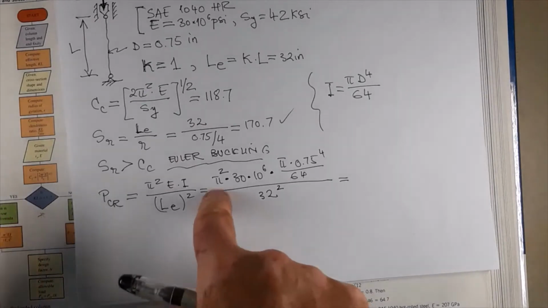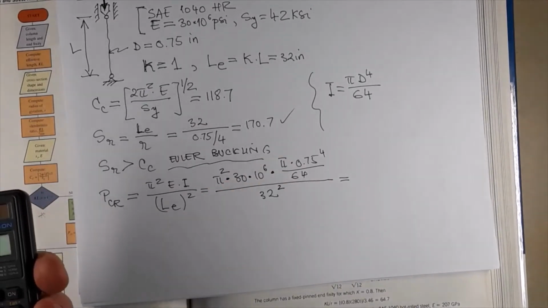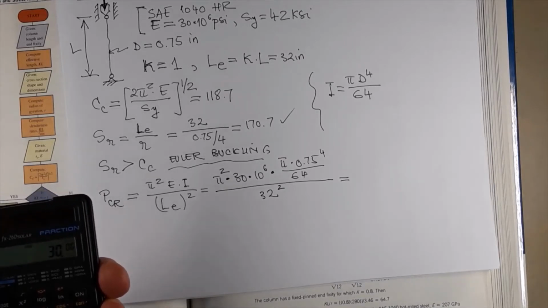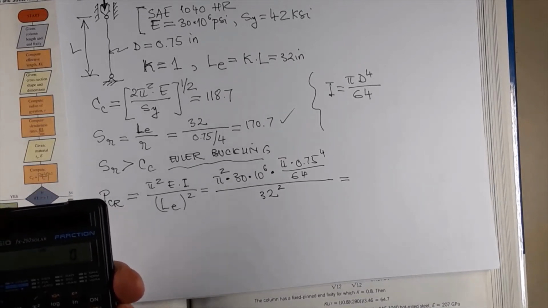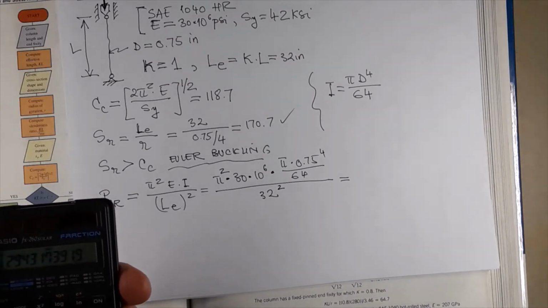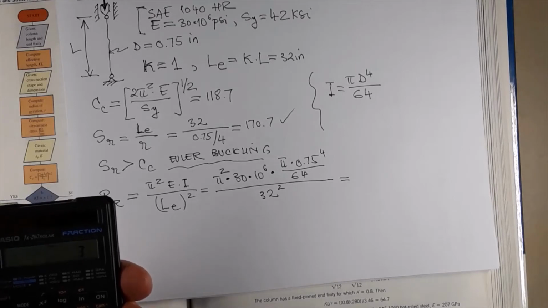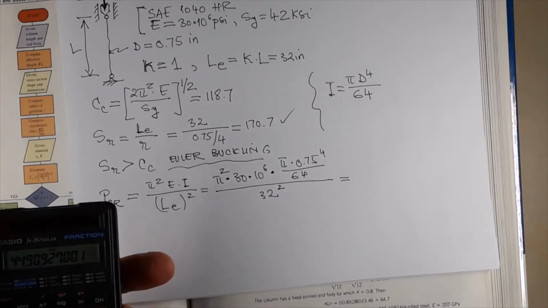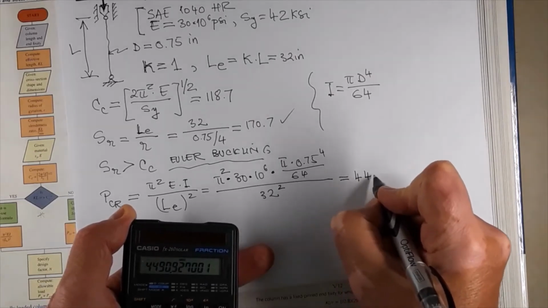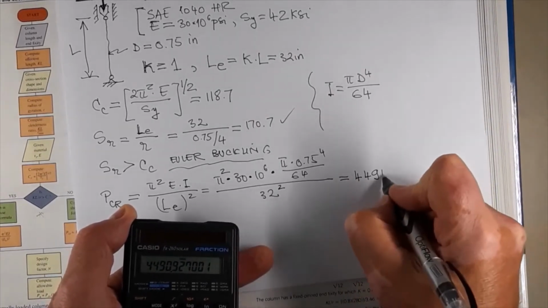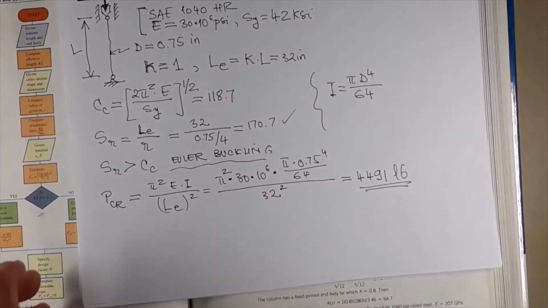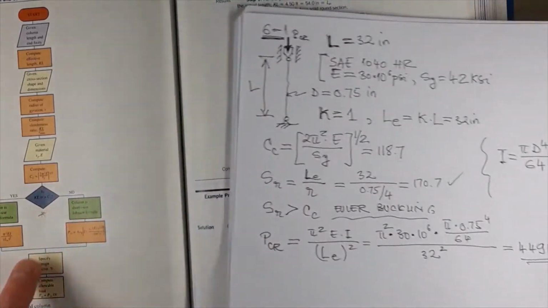We have pi to the power 3 times 30 exponent 6 times 0.75 to the power 4 over 64 over 32 squared equals 4,491 pounds. Okay, so this is the answer to this problem.